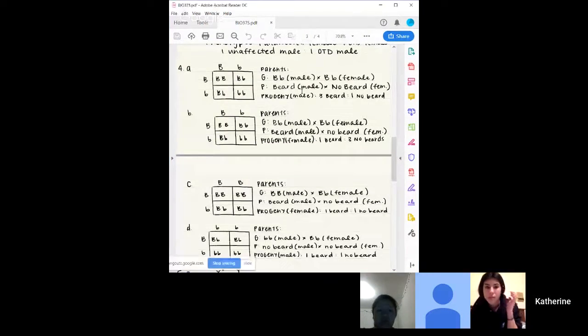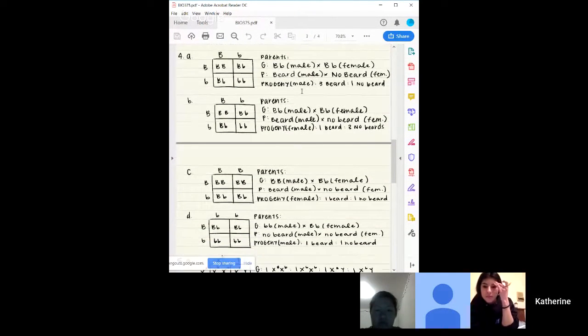So I think the way that I did it was, I had to look at male and female at different times. I just couldn't do them both at the same time, because for female, the lowercase b is dominant, and for male, the uppercase B is dominant.